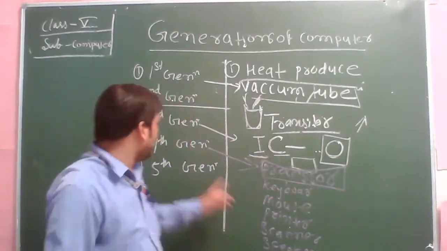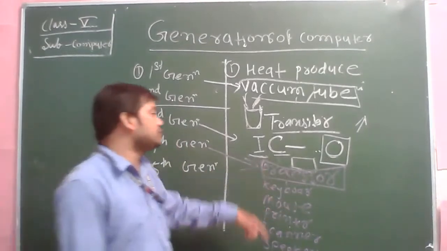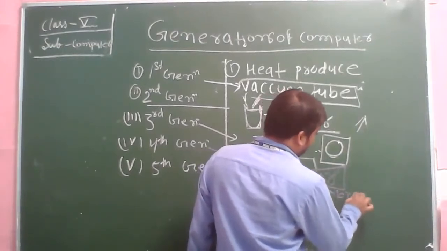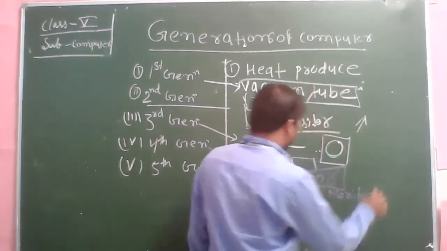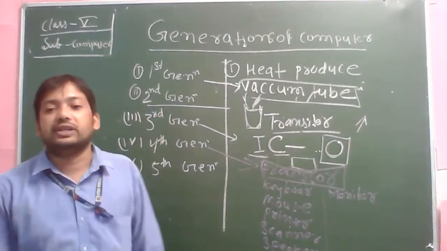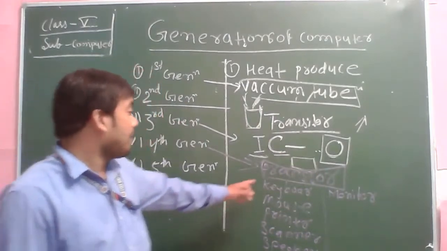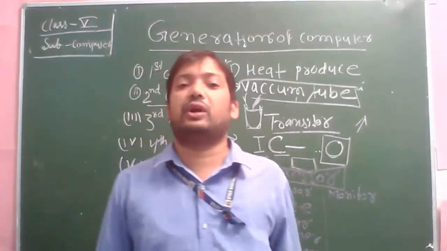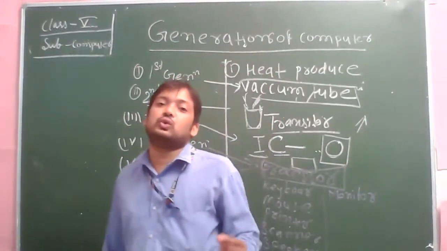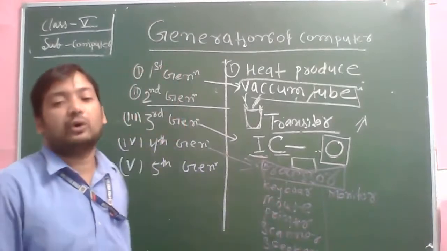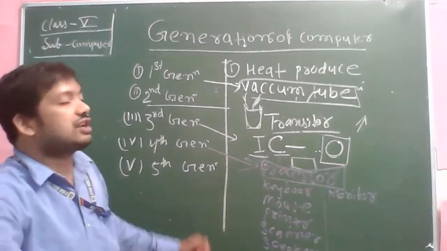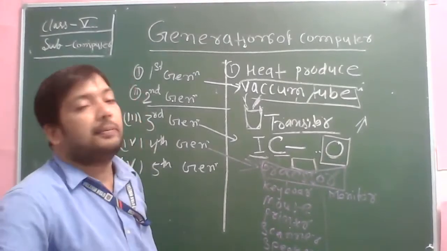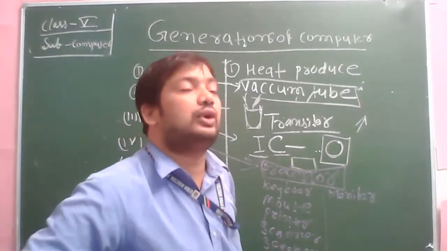Now see here. In the fourth generation, we use the keyboard, mouse, and monitor. First of all, we are going to discuss the processor. You know that the processor is the brain of the computer, which is used to control all the parts of your computer as well as the systems connected to it.